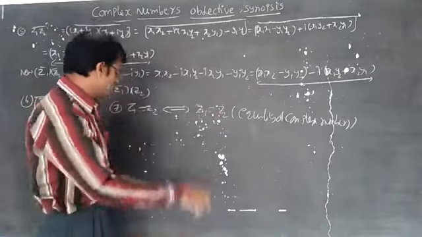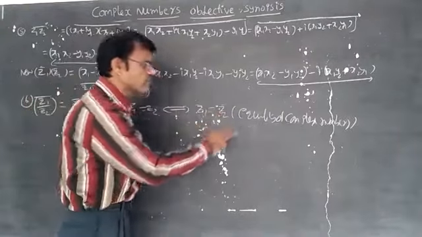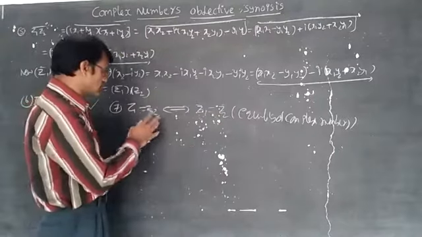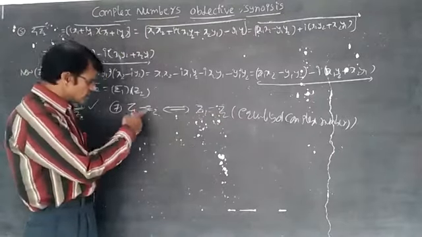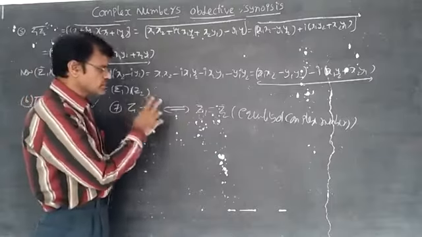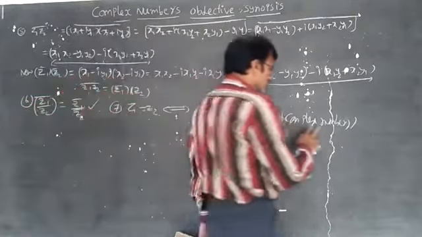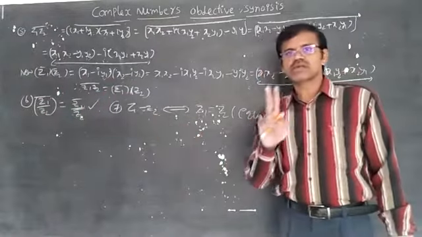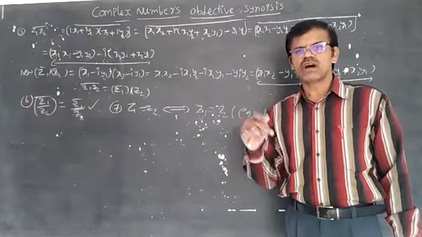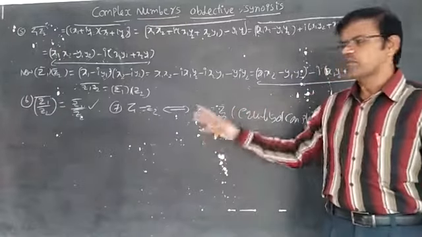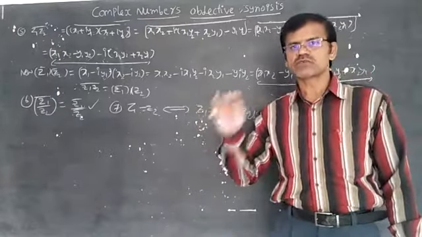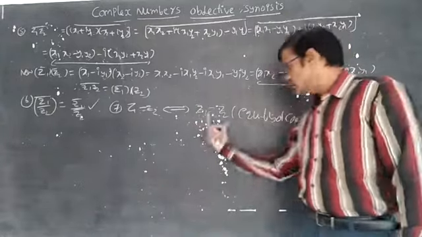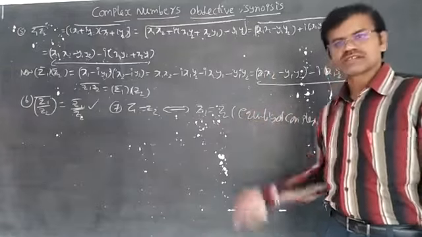Similarly, i is also i, 2i is also 2i. In the same way, the equality of complex numbers means that two complex numbers are equal if and only if their conjugates are also equal.